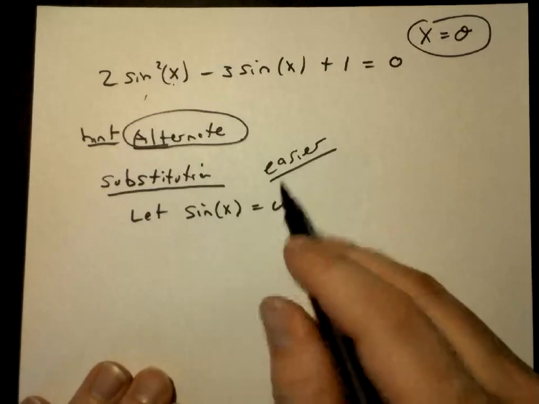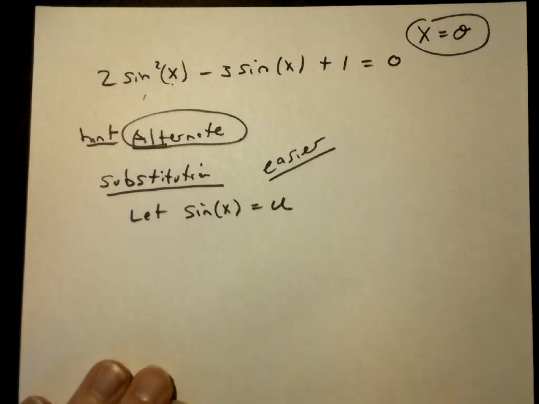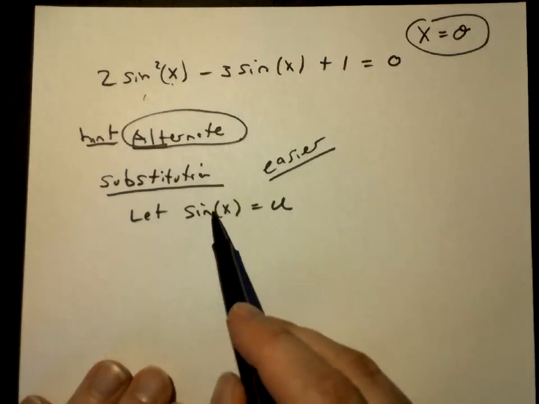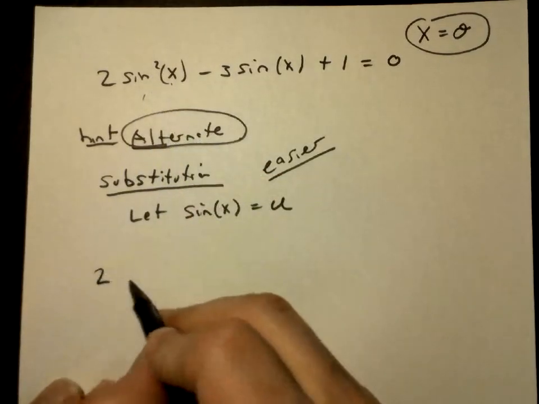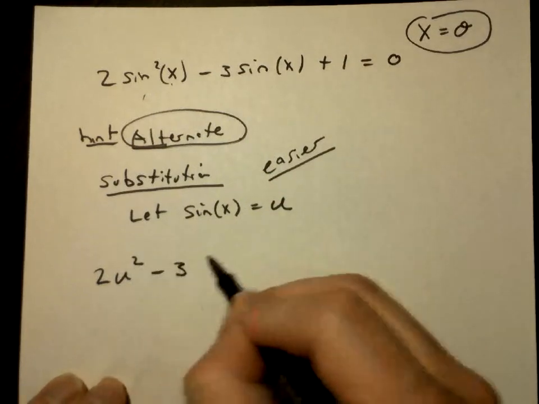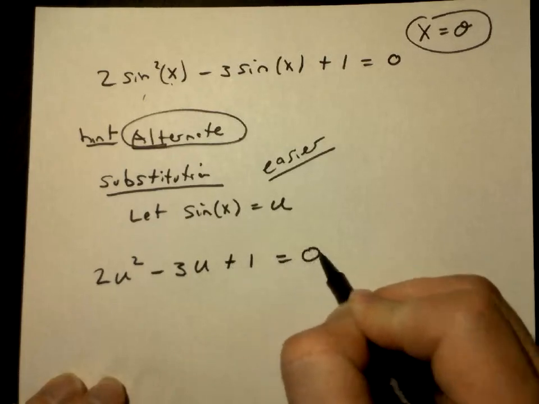I can call this u, because it's the same thing. Just change it back when you're done. So let's just call it u. So that means I'm going to let sine x equal u. So let's go back up here, and let's go 2u squared minus 3u plus 1 equals 0.